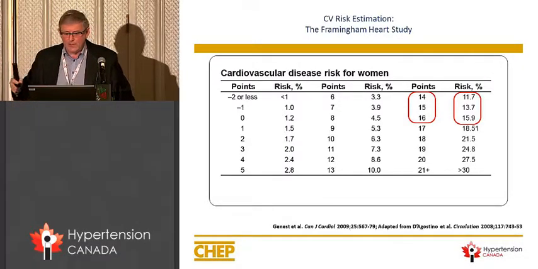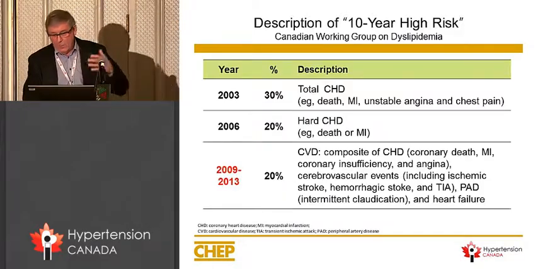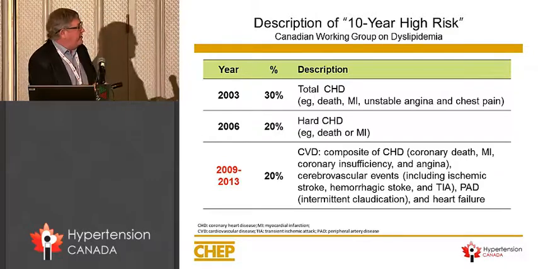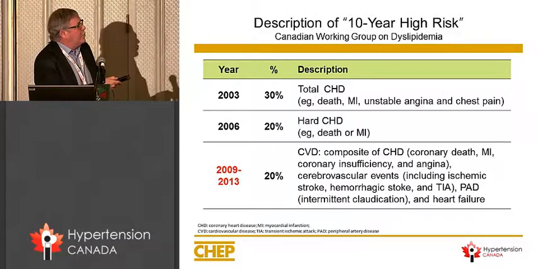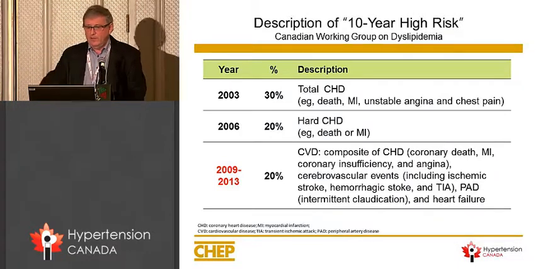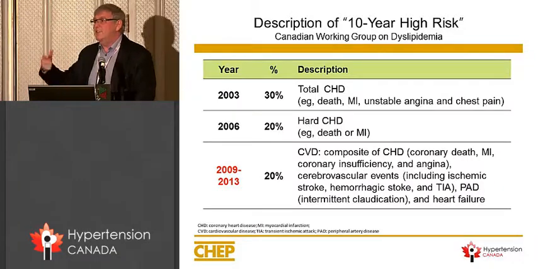17% risk of what? 13% risk of what? And that's one of the problems with the cholesterol program, is they've been changing their 10-year risk of what? At the beginning, being high risk was 30% of total CHD, which is death from CHD, MI, unstable angina, and chest pain.